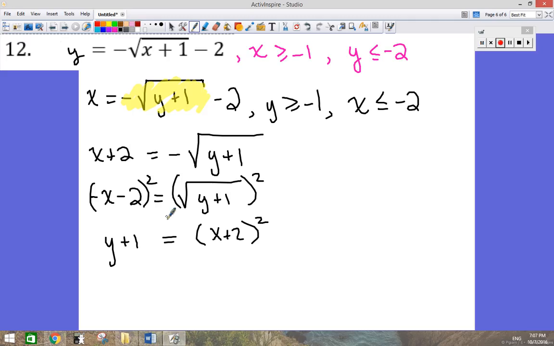I almost have this y by itself. If I subtract 1, I've got x plus 2 squared minus 1. Well, hey, I recognize this as a quadratic function written in vertex form.